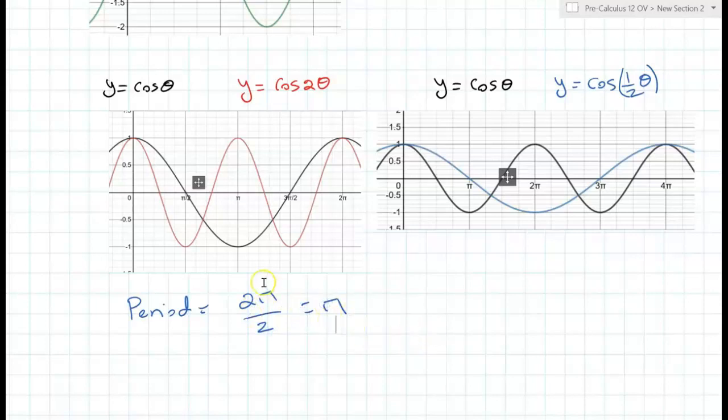So in this case, the red graph is the graph of y equals cos of 2 theta. The period of that function is half of the period of the original function. And then if you go to the expansion, this half tells you that the period is 2 pi divided by a half, which is 4 pi, and sure enough, the blue graph has been stretched horizontally. Okay, great.